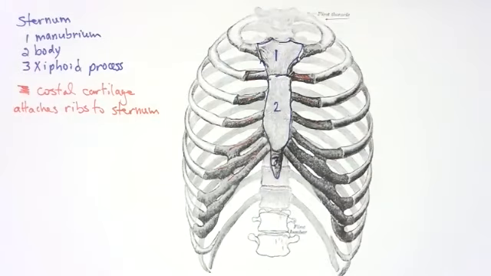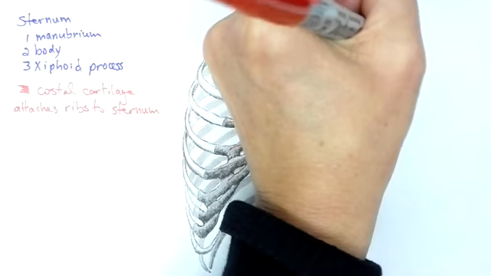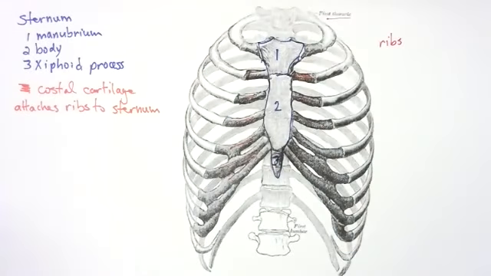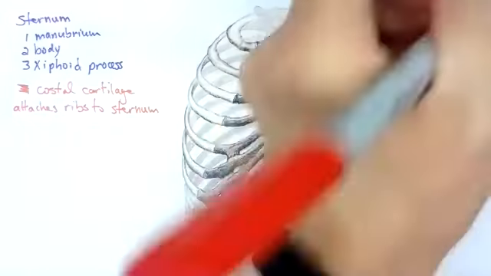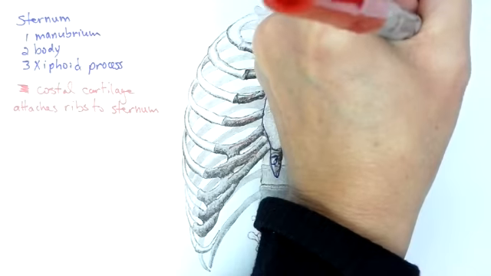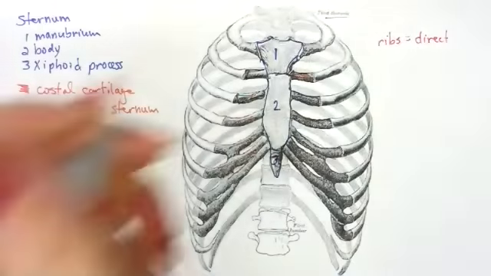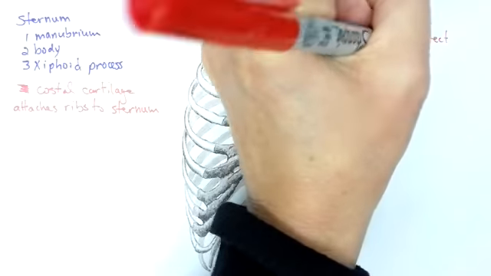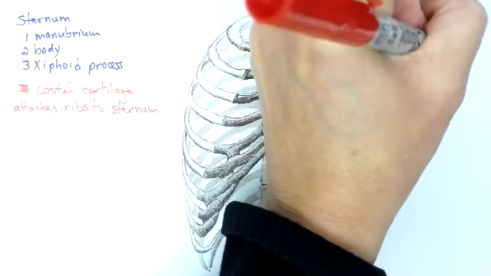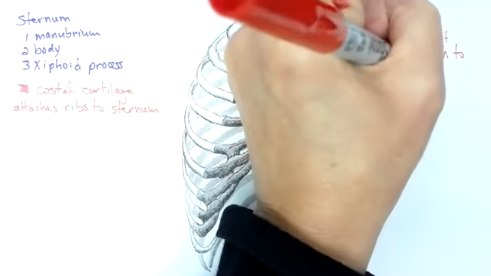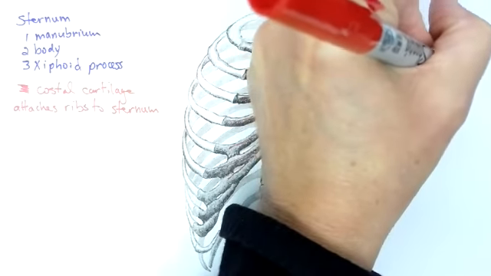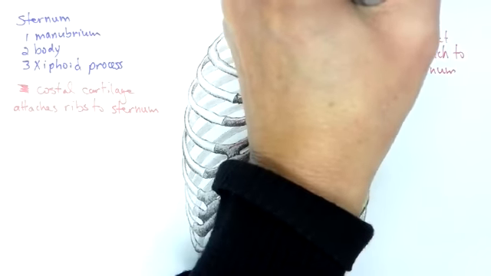And we group ribs into 3 categories. So the first category are ribs whose cartilage attaches directly to the sternum. They have a direct cartilage attachment to the sternum. And I'll show you what this means. We call these the true ribs.